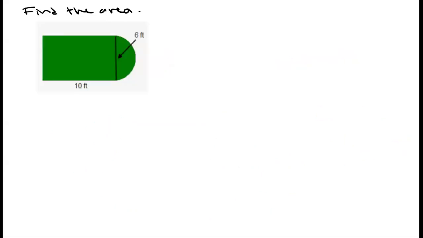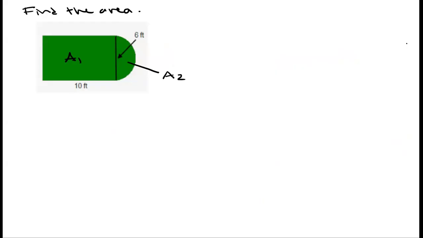All right, so here we want to find the total area of this composite shape. As I mentioned, I would break it up into parts. I see two shapes. We have the rectangle and then you have part of a circle, right? So I'm going to break it up in two parts. I label this A1 and then I'll label this A2.